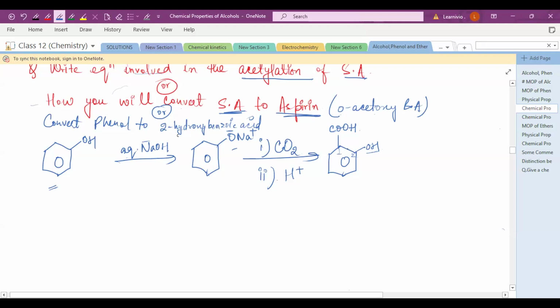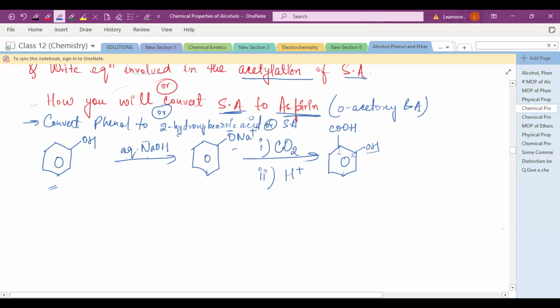So in your exam they may just ask you to convert phenol to 2-hydroxybenzoic acid, or they can also give you only salicylic acid. So you should know that salicylic acid is 2-hydroxybenzoic acid, right? So you should start with this phenol first.